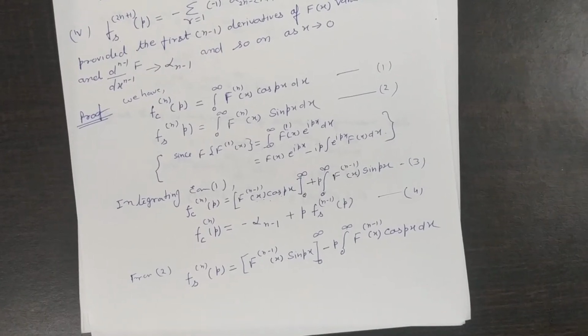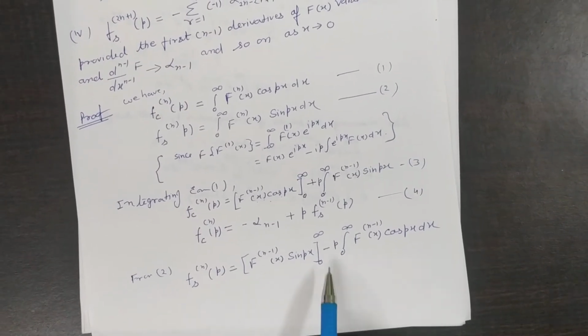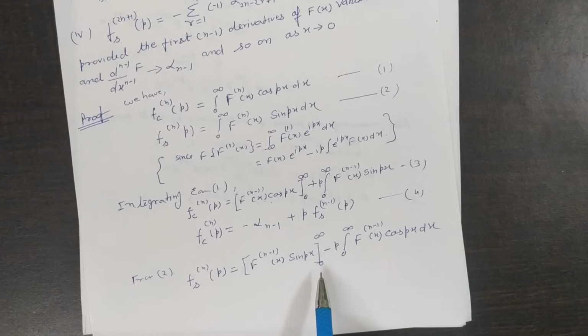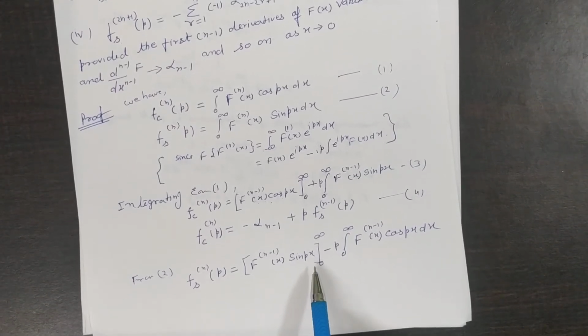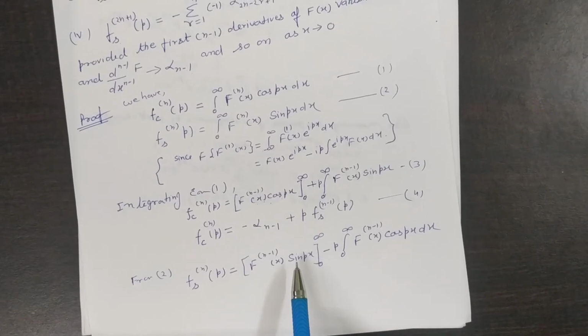Similarly, we are approaching the same steps. F of n minus 1 at infinity vanishes, and at 0, because of the term sine px, this becomes 0, so everything is 0.